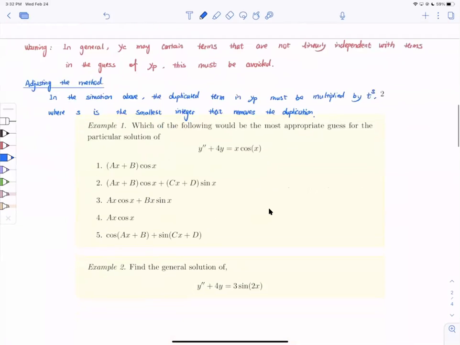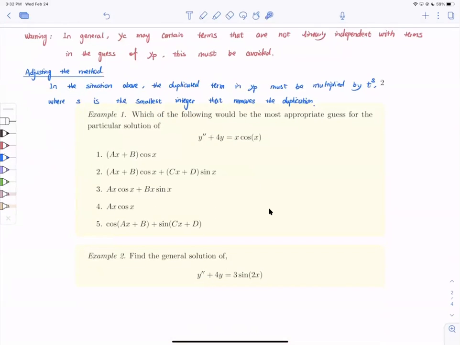Okay, so sometimes you just need to multiply by, let's say, t or x, and that removes the duplication, but sometimes you need to do more. For example, let's do an example.